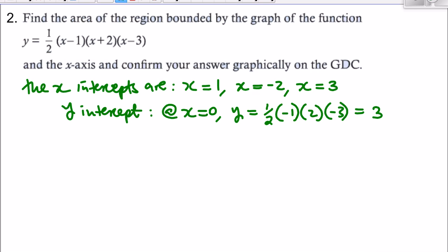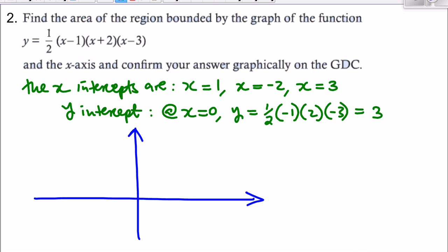So we can now try and sketch this function. Remember, this is just a sketch. It does not mean that it has to be exactly the way it is. So negative 2 is somewhere here. 1 will be somewhere there. And then 3 will be somewhere there.